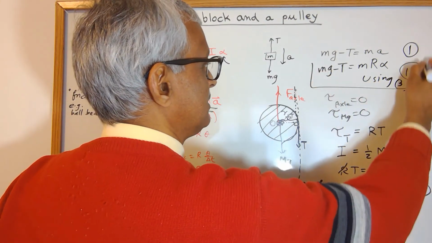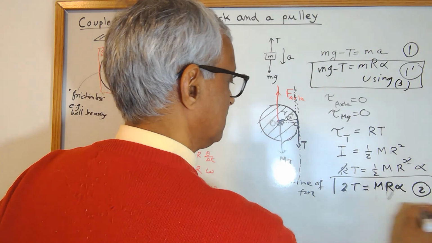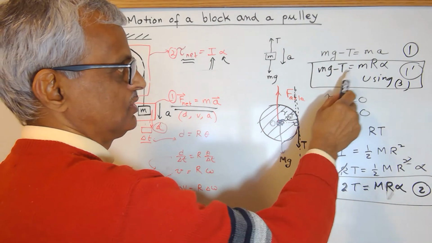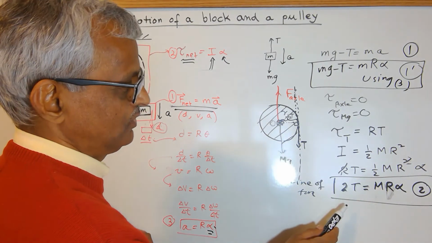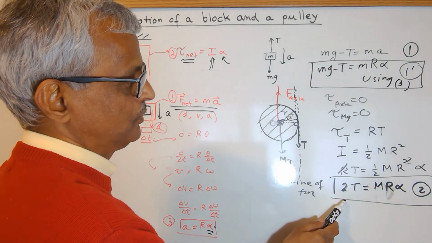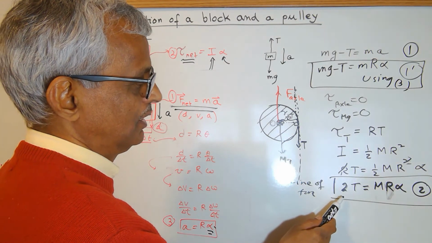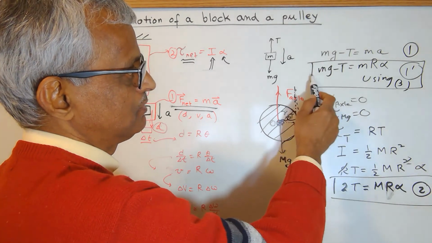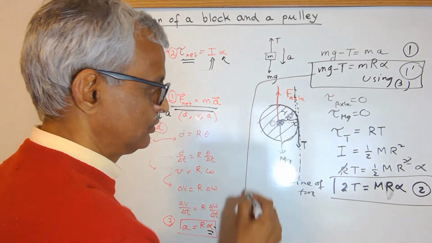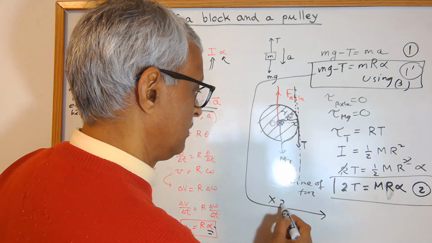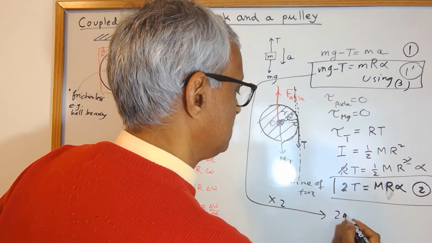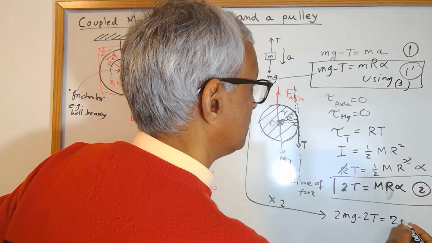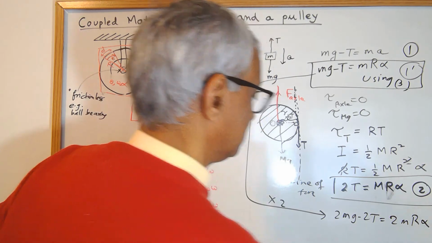So if I look at this equation and this equation, it has two unknowns, tension and alpha, right? And you can see that if I multiply this by 2, it becomes 2mg minus 2T equals 2 little m r alpha.